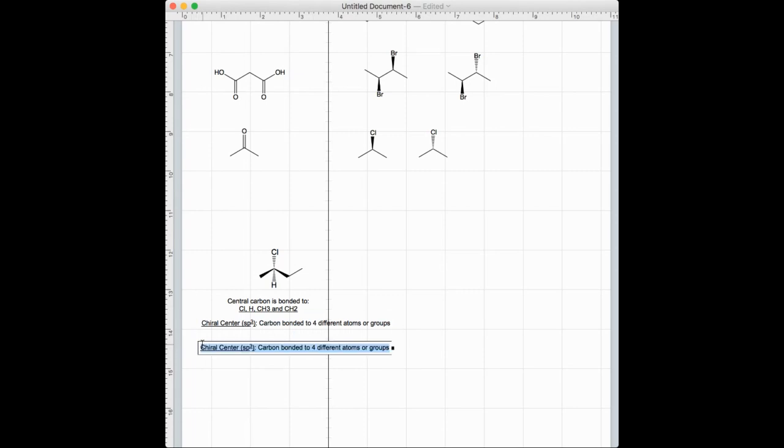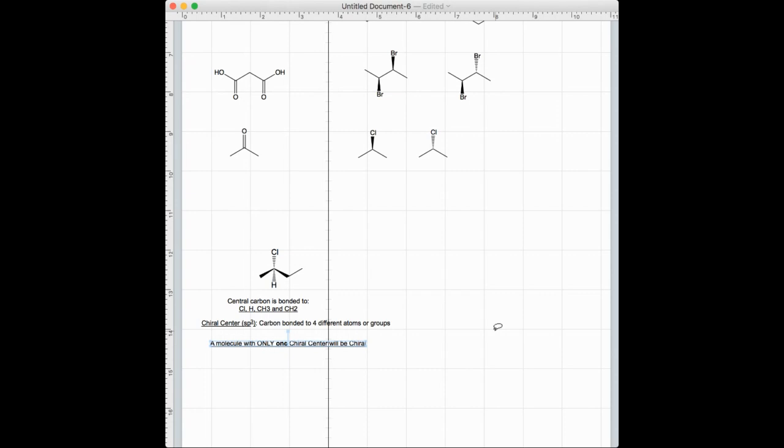If a molecule with only one chiral center will be chiral by definition, because a molecule having only one chiral center, and I'm going to emphasize only one there, if there is more than one, it could be chiral, it could be achiral.